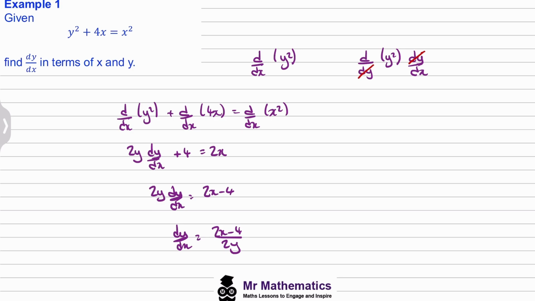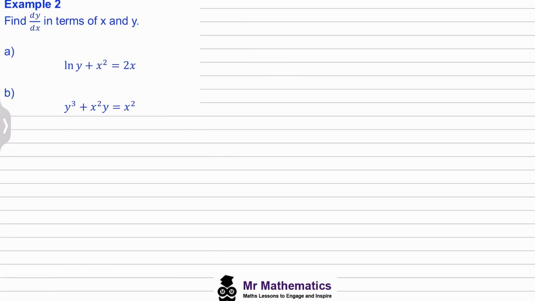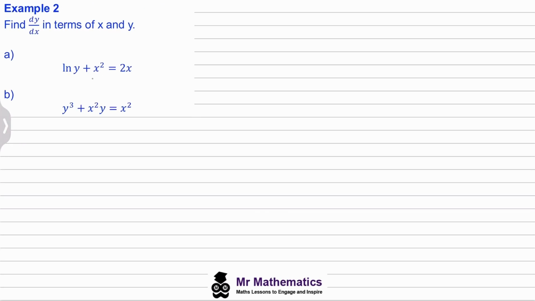Let's try example 2. So for example 2, we want to find dy by dx. So we need to differentiate everything with respect to x. And when you differentiate the x squared with respect to x, we get 2x. When you differentiate the 2x with respect to x, we get 2.